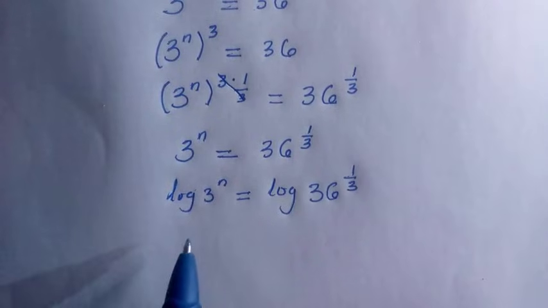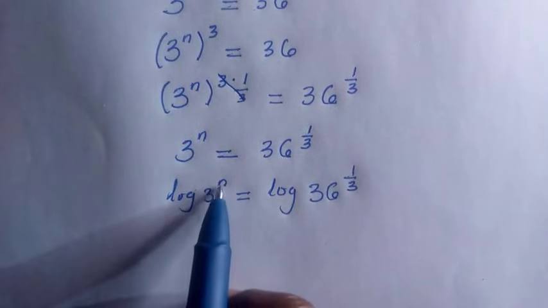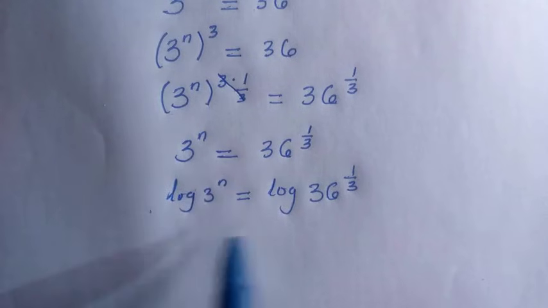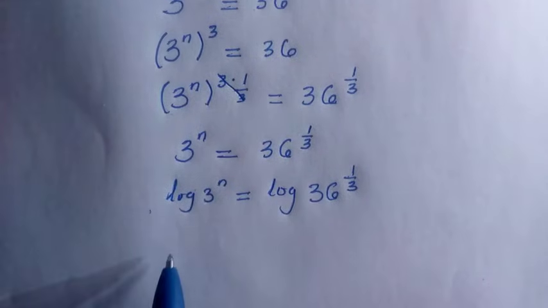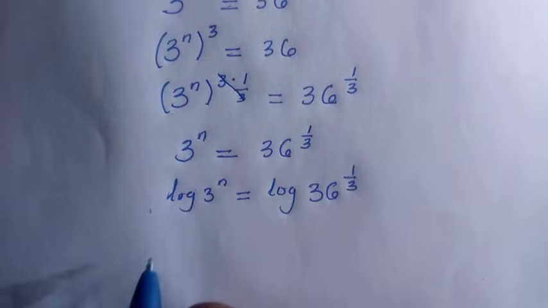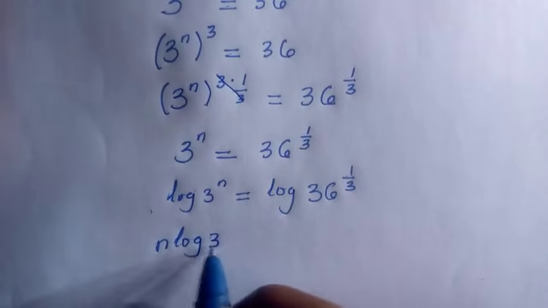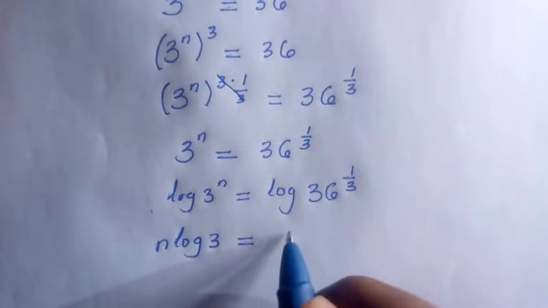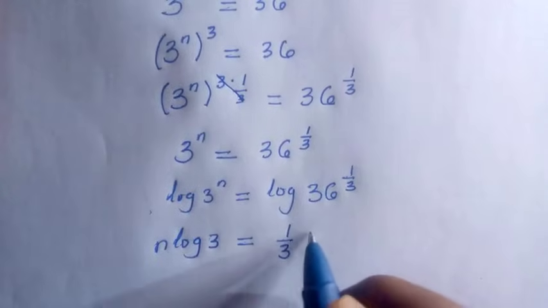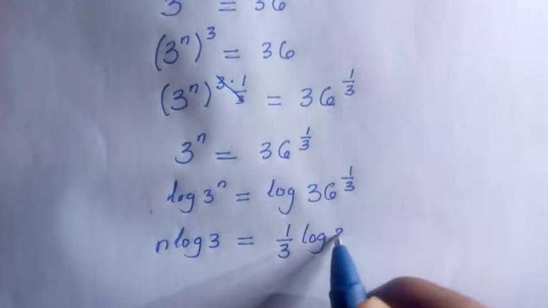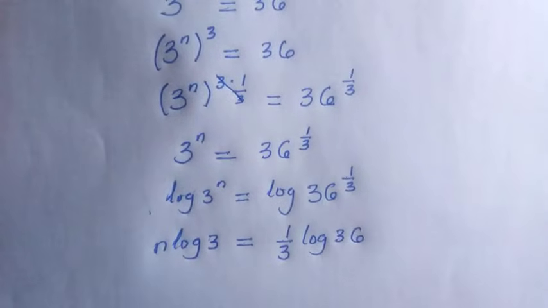By the rule of logarithm, we transfer this n to the front of this log, and we transfer 1 over 3 to the front of this log. And we have n log 3 equals 1 divided by 3 log 36.